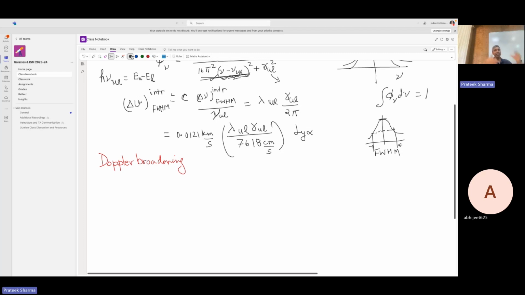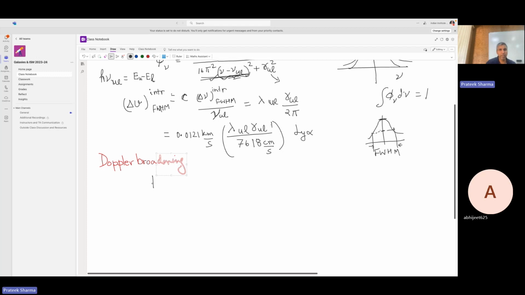So if you have a realistic distribution of velocities of atoms, then you have this Doppler broadening because of absorptions at different rest frequencies of those moving atoms. Okay, so let's talk about Doppler broadening.